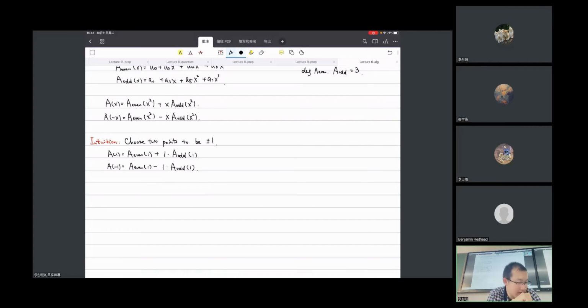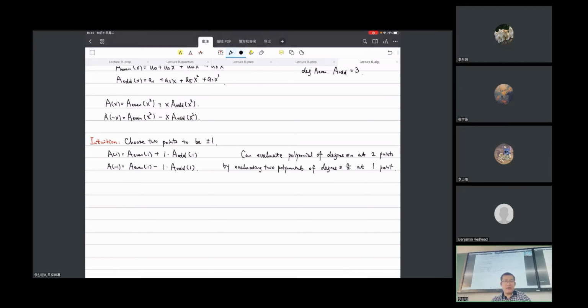So what is this suggesting? This is basically suggesting that we can evaluate a polynomial of degree at most n at 2 points by evaluating 2 polynomials of degree smaller than n over 2 at just 1 point.